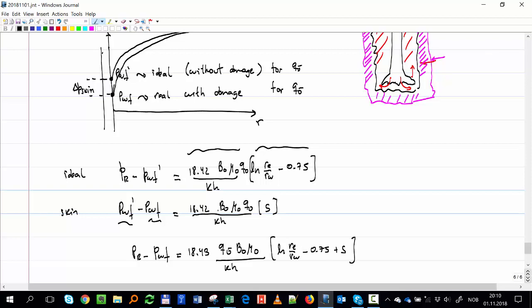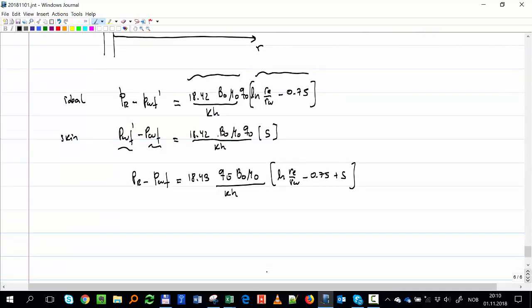I end up with that equation, which is almost exactly, if I rearrange now, I get Qo equal to, sorry, which is, this one will now be the real.